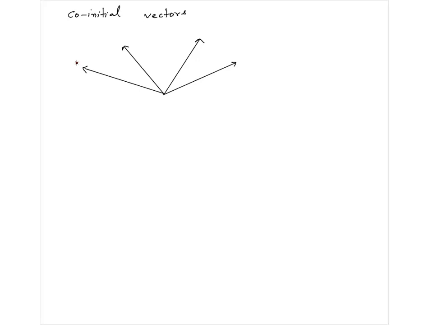Then free vectors. Initial point is not specified. Some force is acting in the north direction. That's it. North direction. Initial point is not specified. These are free vectors, and we generally talk about free vectors.